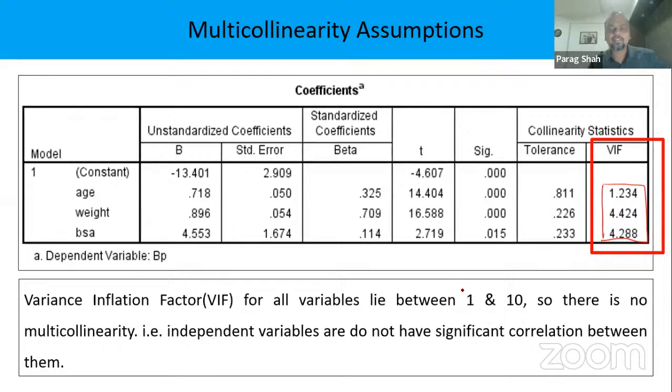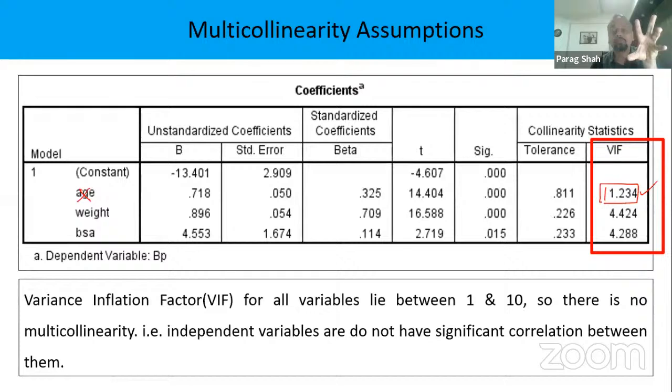But I would suggest if VIF is between 1 and 10, that means there is no multicollinearity issue. If suppose you are getting 11.2231, that means there is a multicollinearity issue, and you have to remove this variable, age.